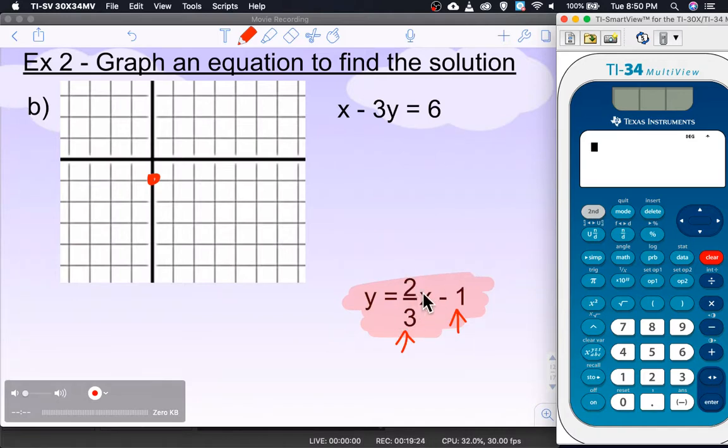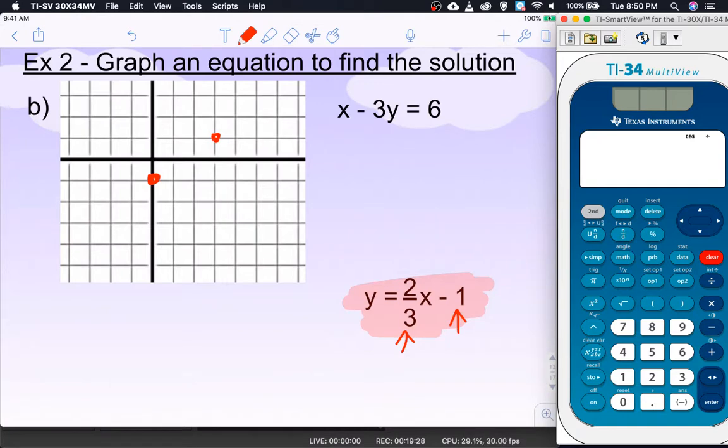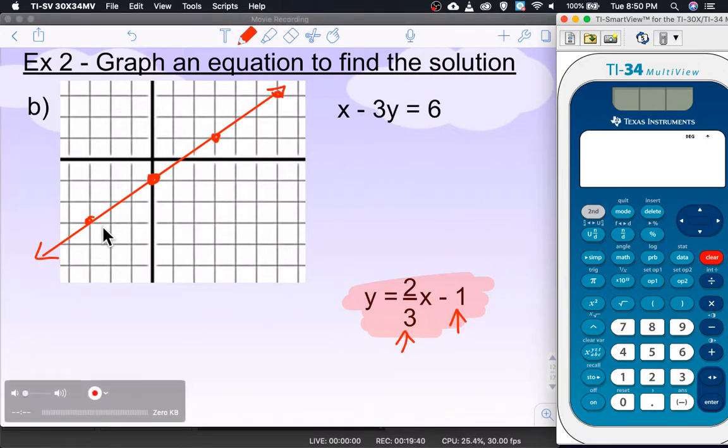That is a positive 2/3. Rise over run. And in reverse, down 2/3, the wrong way. And now I've got a line that goes the whole way across my graph. Up 2/3, up 2/3, up 2/3, crossing the y-axis at -1.